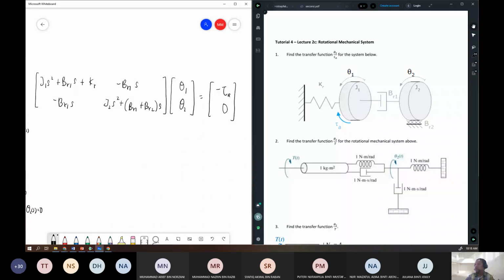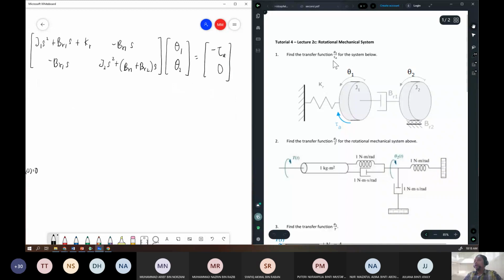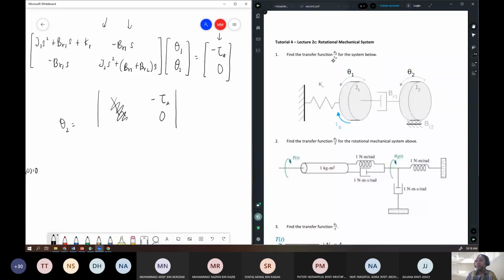The question asks you to find theta 2 over tau A. So for theta 2, you just find the determinant of this matrix by replacing the second column with the input column, divided by the determinant of the original matrix. Later on, you can simplify the determinant to find theta 2 over tau A.